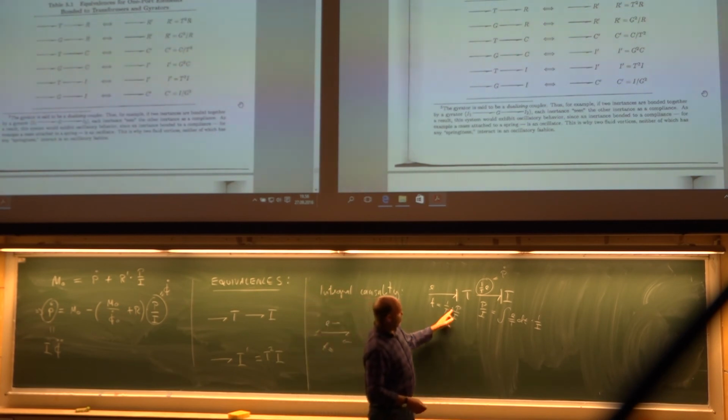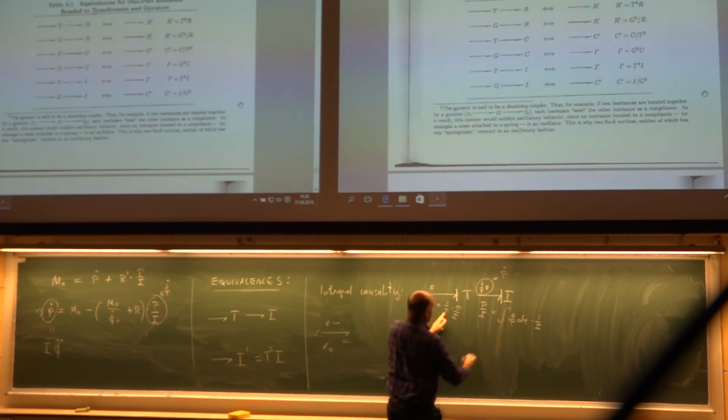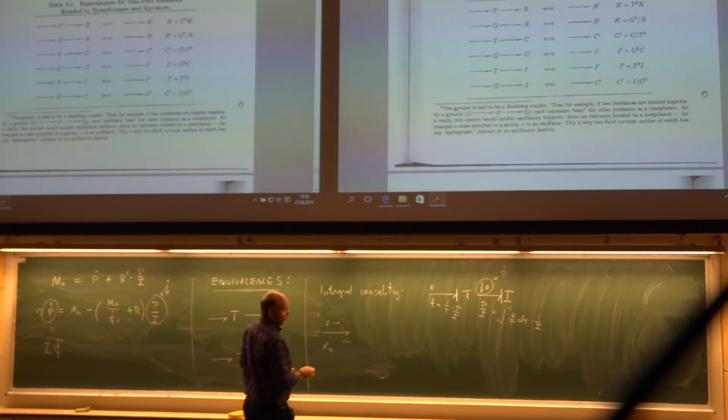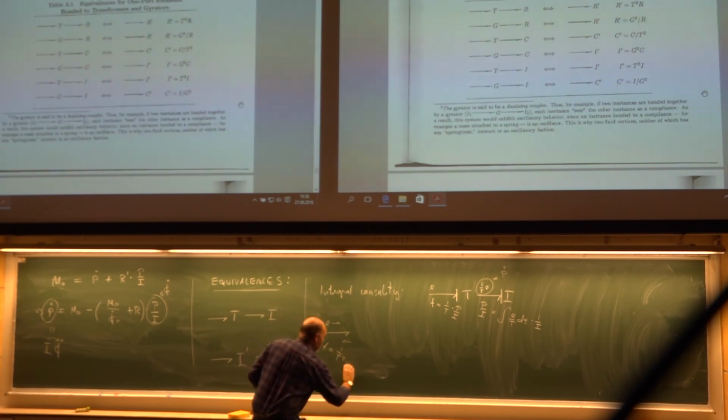You insert it here. Say the T is constant, then it can go outside. It will be 1 over T square times the time integral of effort E dt.